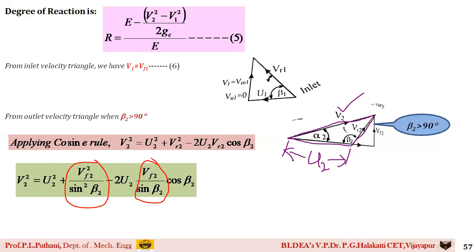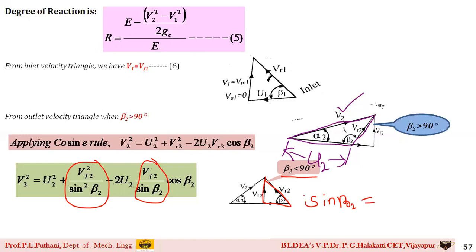For the replacement of this particular term, we again consider the next case, that is beta 2 less than 90 degrees. This is our next case, beta 2 less than 90 degrees. So when beta 2 is less than 90 degrees, if you observe this particular sketch here, this is the triangle. So how can I write sine beta 2 here?